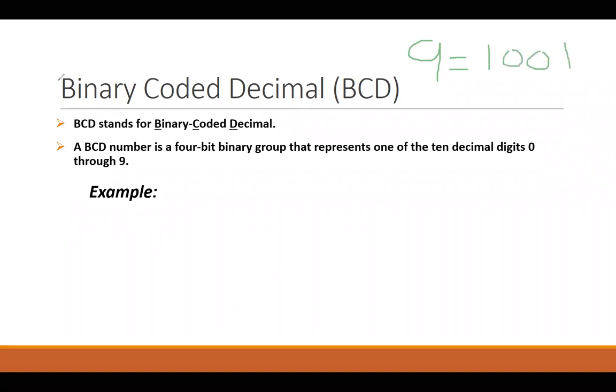So we use 4 bits to represent each denary digit in BCD. This 4-bit conversion is just the same as what you learned in the first lecture on hexadecimal conversion to binary. But this time we are going to call it denary.